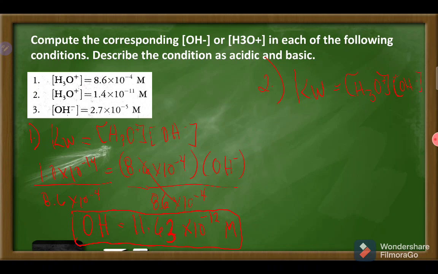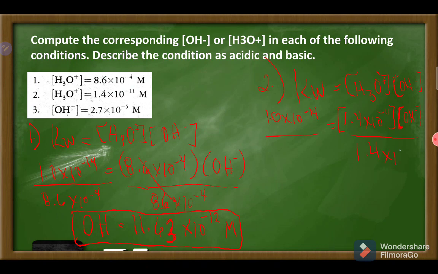So we have 1.0 times 10 raised to negative 14 is equal to, substituting the values, 1.4 times 10 raised to negative 11 times the OH. Since we are looking for the value of OH, we divide both sides by 1.4.